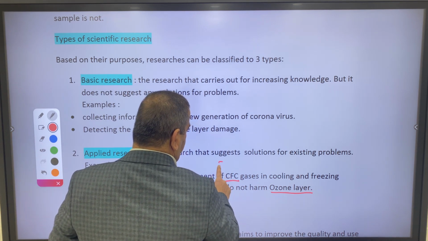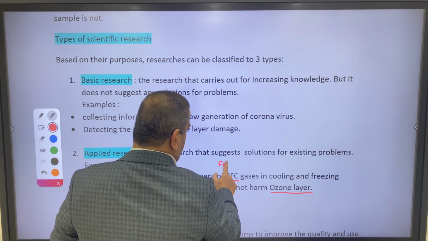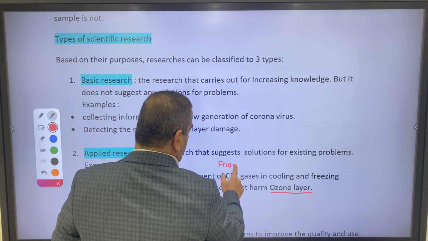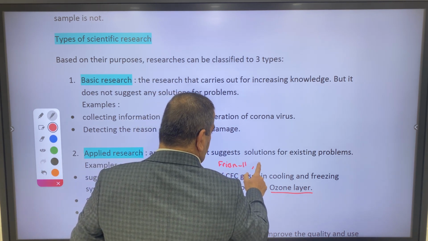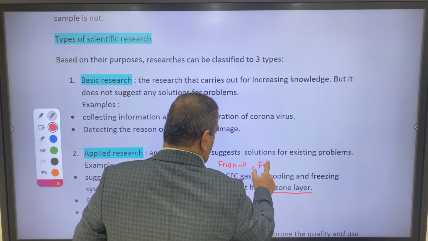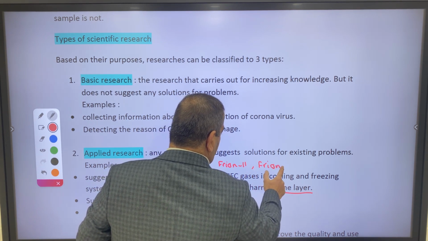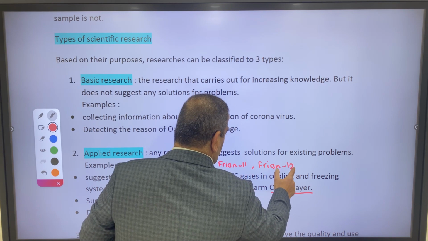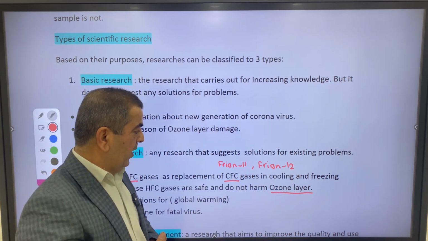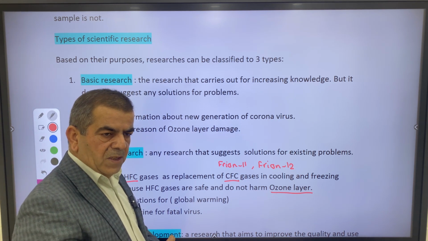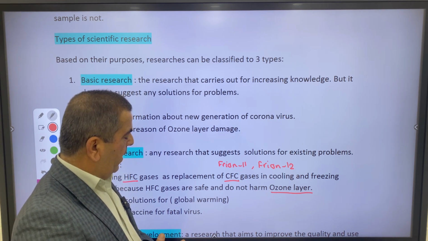So here we have Freon 11 and Freon 12. Freon 11 and Freon 12 were used until the end of the 80s in cooling systems and fridges.